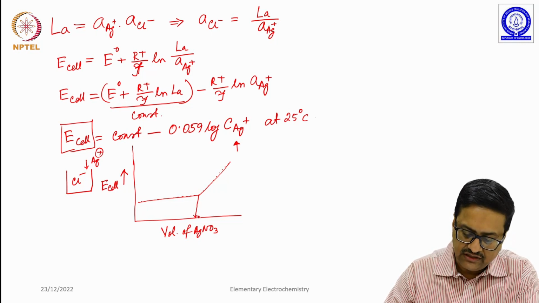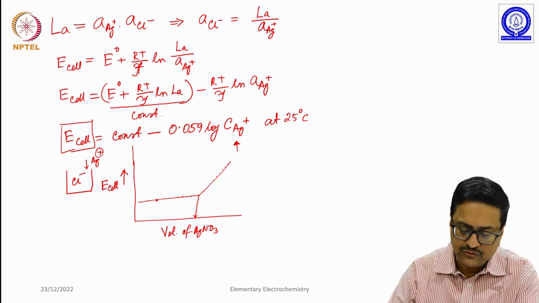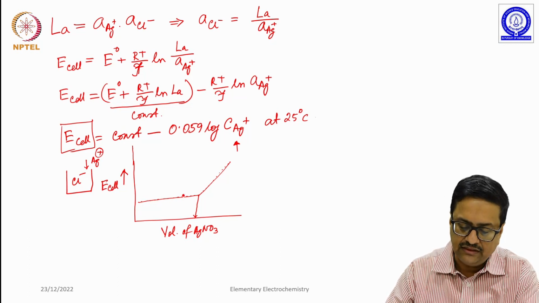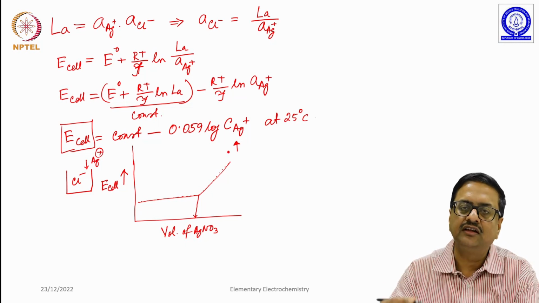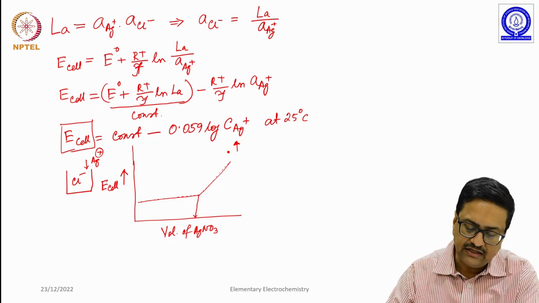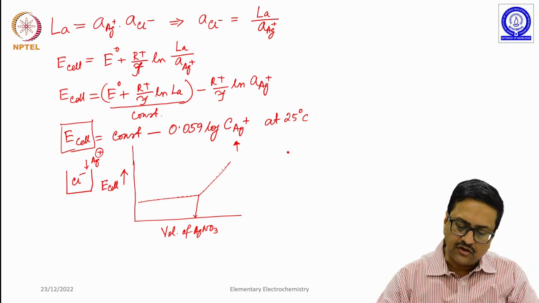So, this will indicate the end point of this particular titration. So, we will have to measure a number of points during this range when it is slowly precipitating the chloride, and then after precipitation we should continue the titration for around 10-15 readings, and we will end up getting a plot like this.